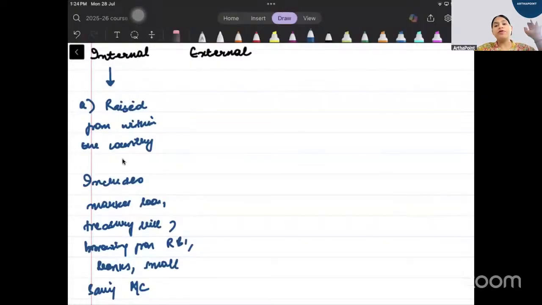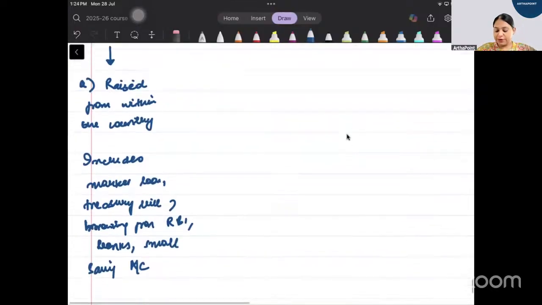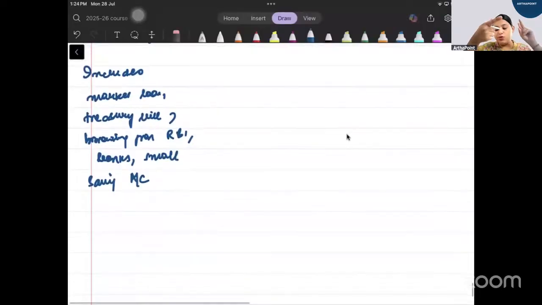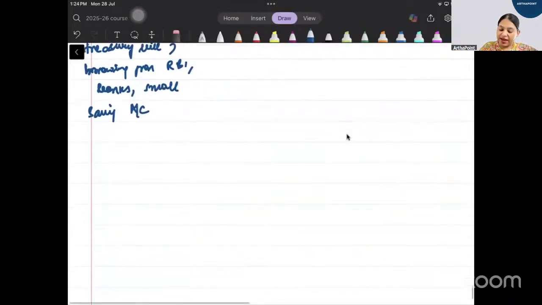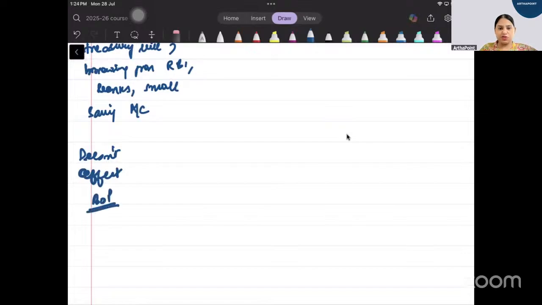That is a borrowing of the government, that's a liability of the government, which the government will pay with interest, right? So it becomes a liability of the government. So you have market loans, treasury bills, borrowing from RBI, banks, small saving accounts. All these are internal debt, and it has no impact on the balance of payment.